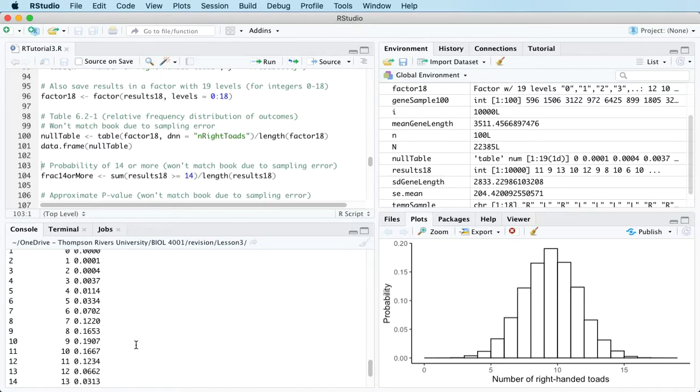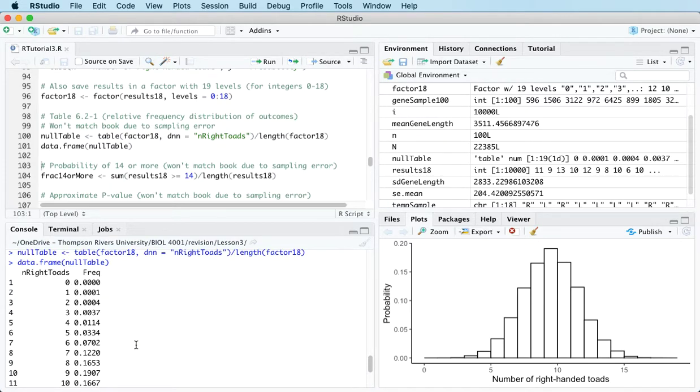But we also said that as great of a difference would be if we had 14 left-handed toads. So in other words, 4 right-handed toads. And then greater difference would be 3 right-handed toads to 1 and 0.